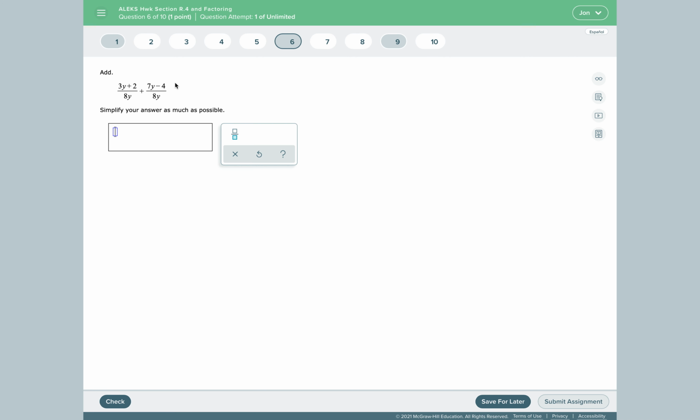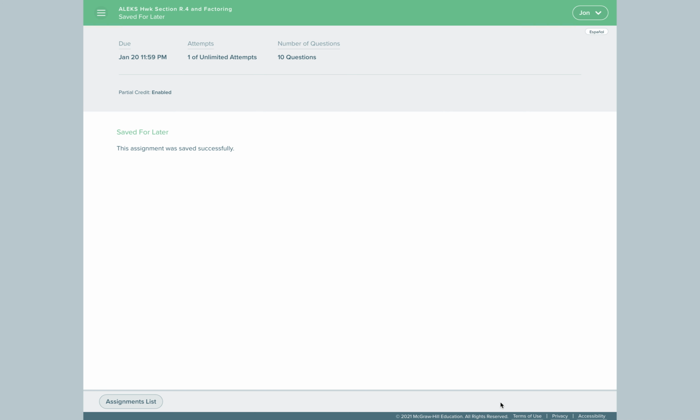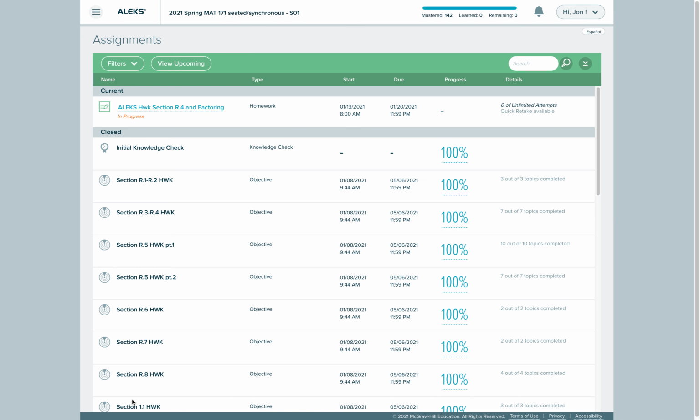So you have something that doesn't have quadratic expressions, but you have combining terms that already have the same denominator, and then simplifying. If you're about to begin and something comes up, you can just save the set for later and access it later on. Then for the assignments list, this part is available and would be due the 20th.